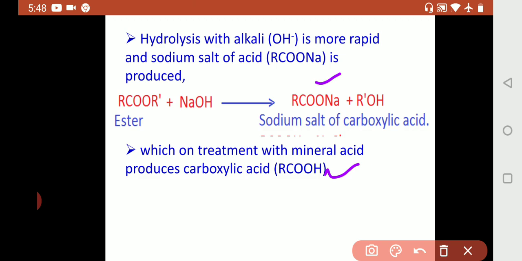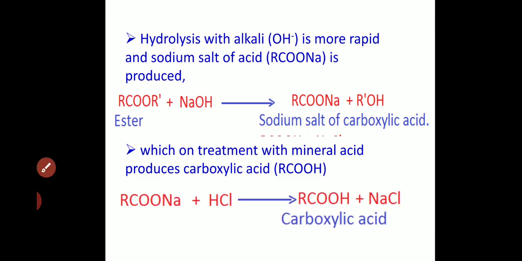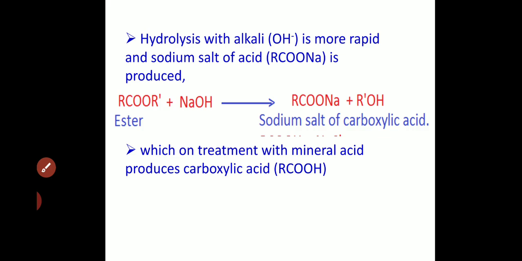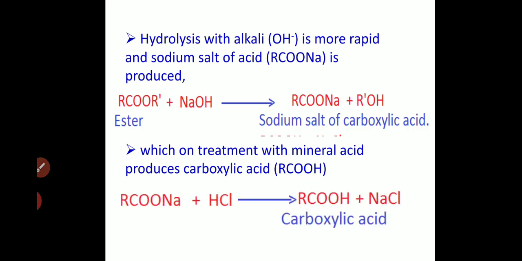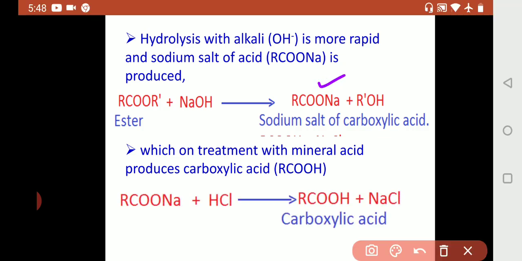RCOOH. How? So, RCOONa, this sodium salt of carboxylic acid, is reacting with a mineral acid HCl to form what? Carboxylic acid. Simply, and of course NaCl.